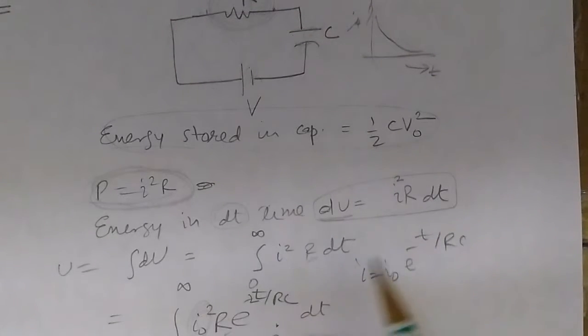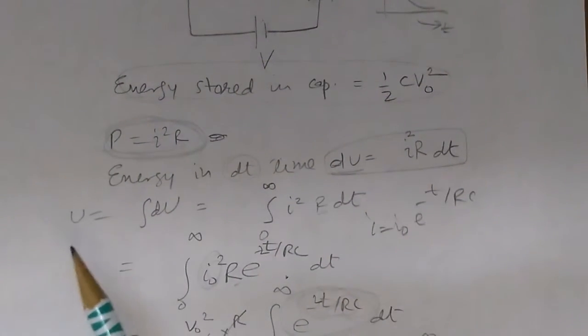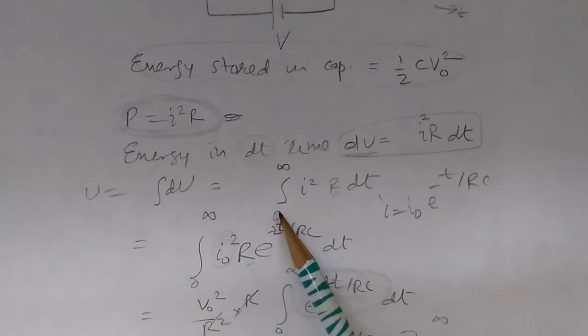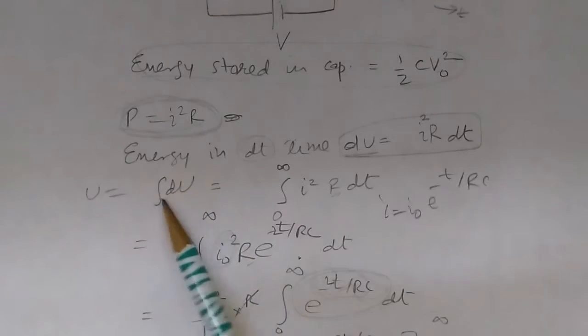In the problem they have already said that we need to integrate it, but we just wanted to make sure that we understand what that means. So the energy in this time from, let's say, t equal to 0 to t equal to infinity can be found by integrating this whole term over the period of time.